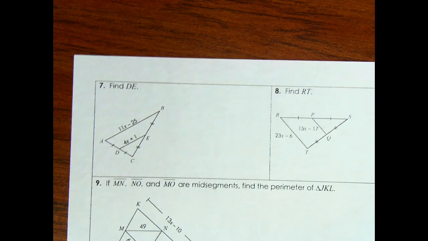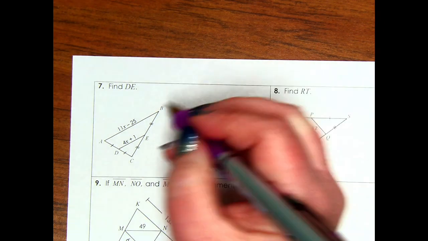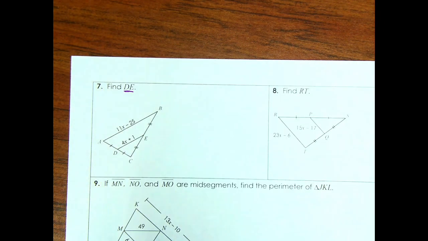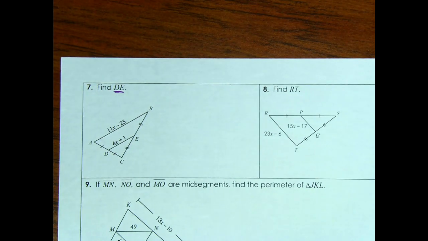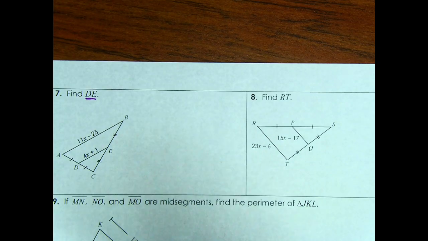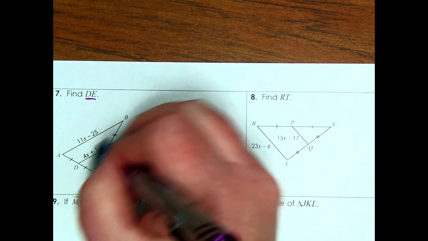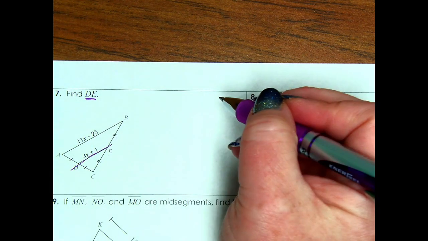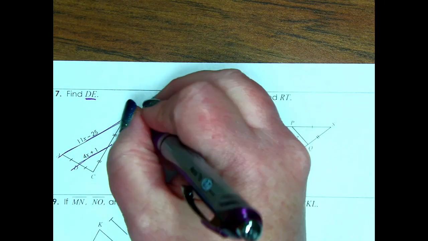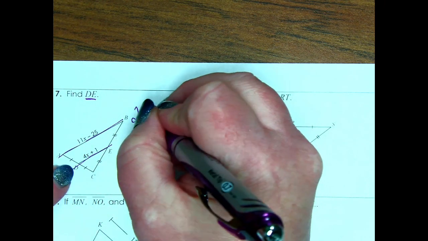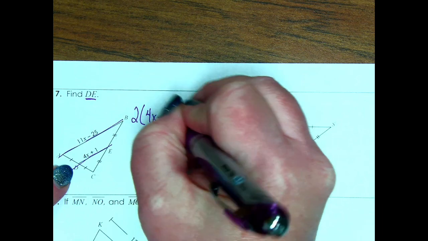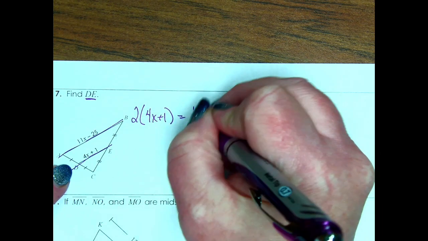Question number 7 is done similarly, except instead of finding x, it wants to find DE. So that means there's going to be an extra step at the end. So again, these segments are bisected. DE is a midsegment. It is parallel to AB. 2 of these measurements, which is the smaller one, are equal to the larger one.